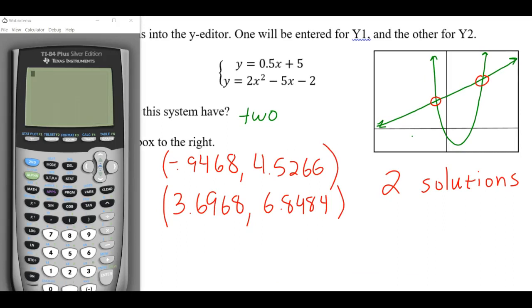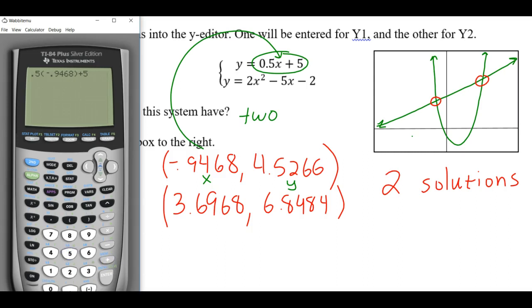Every point, remember, is an x value and a y value, so you plug it in. Let's take this top equation right here, and plug in this x value for x. So let's type in 0.5 times negative 0.9468 plus 5.